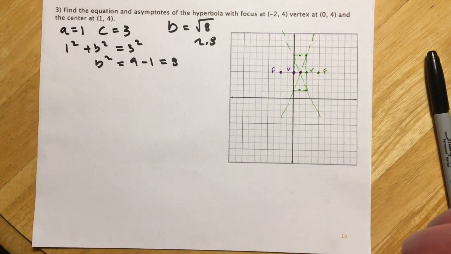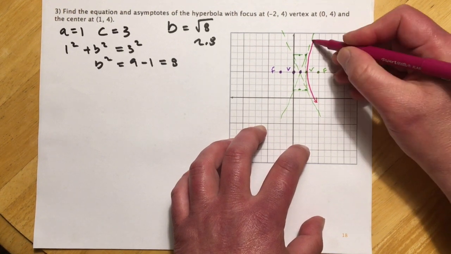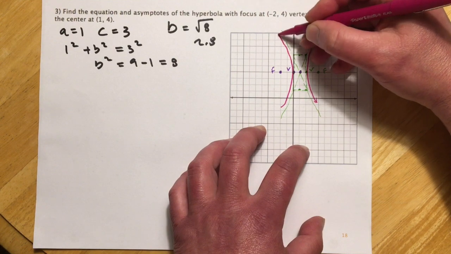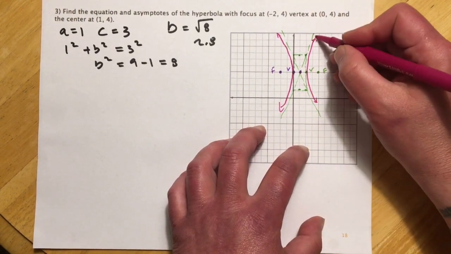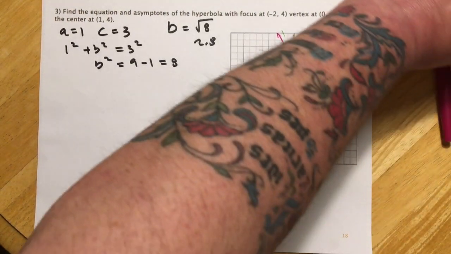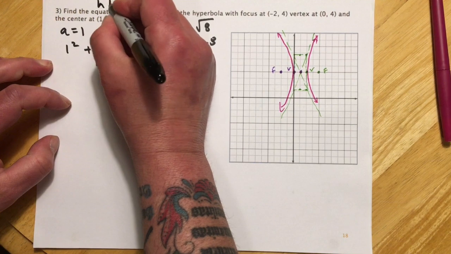And then the graph would be kind of this very shallow, kind of like that.